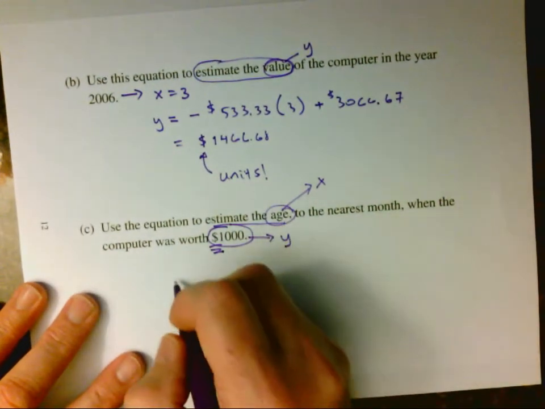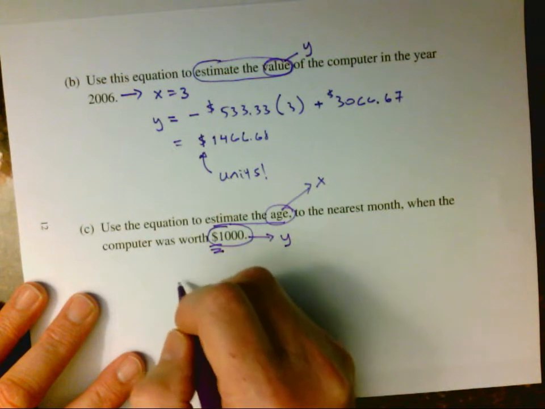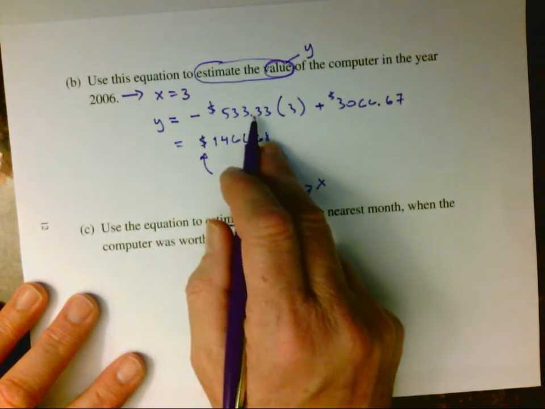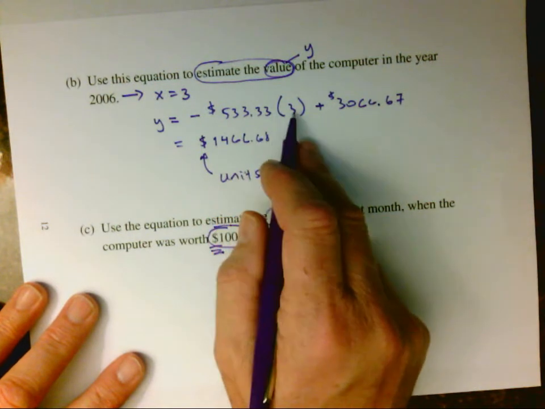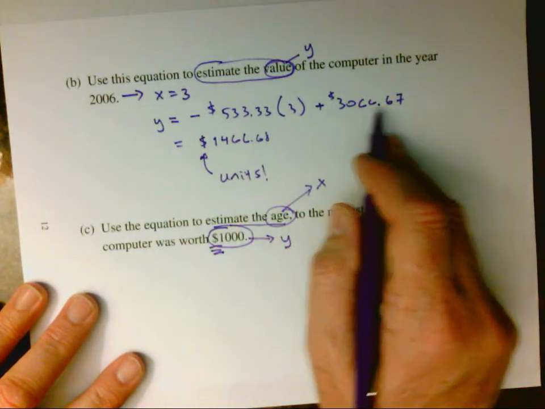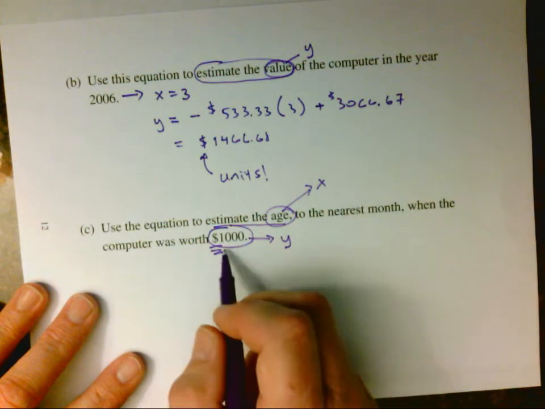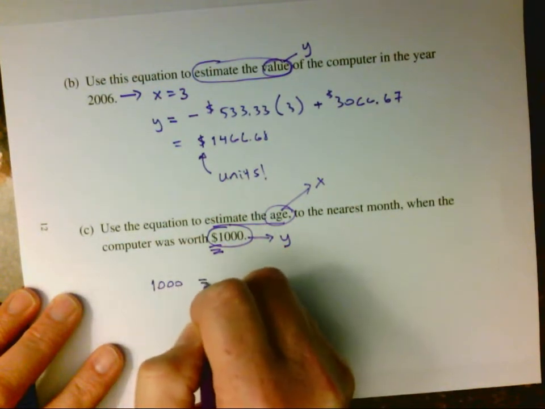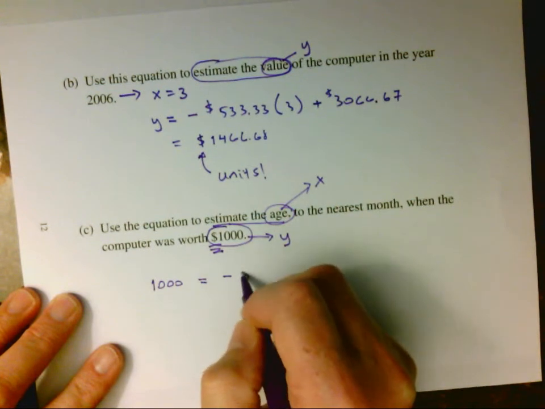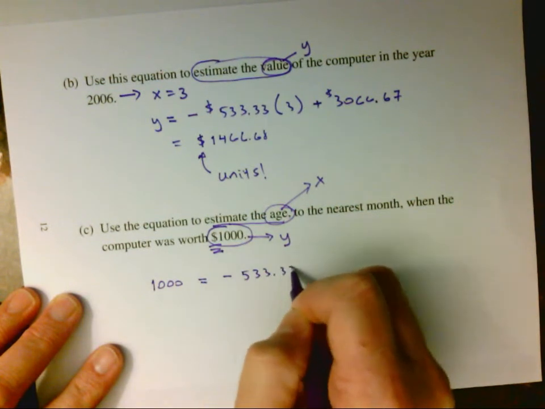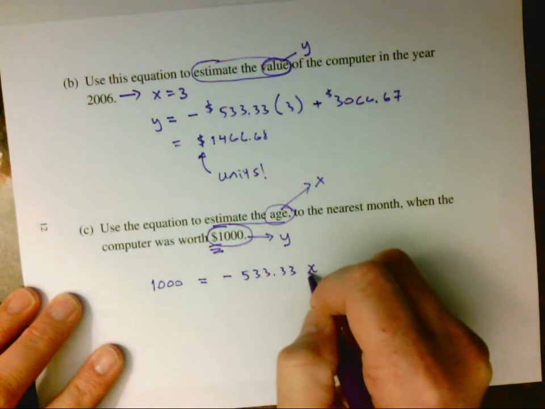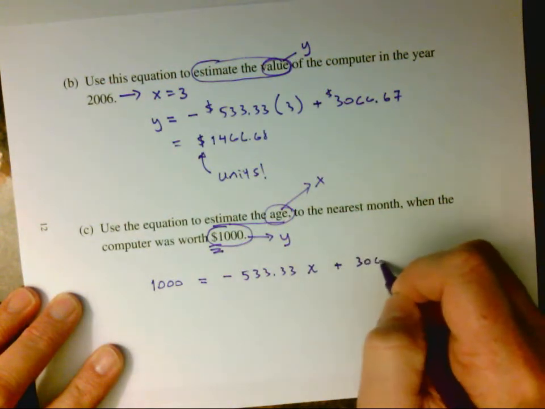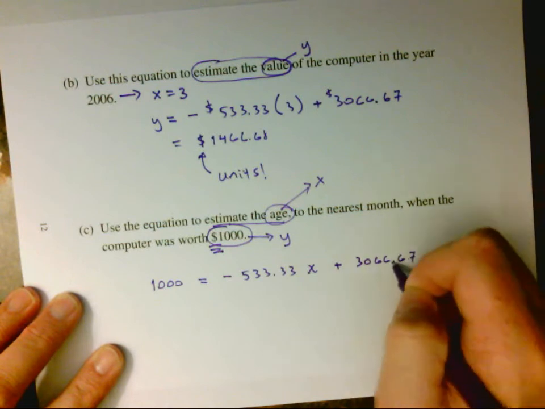So we'll be using the exact same equation. y equals negative 533.33 times x plus 3066 and change. But we're going to put the 1,000 in for y. So 1,000 equals negative 533.33 times x plus 3066.67.